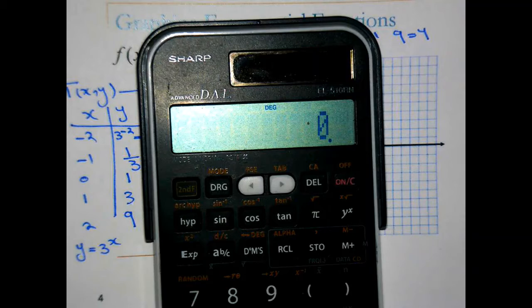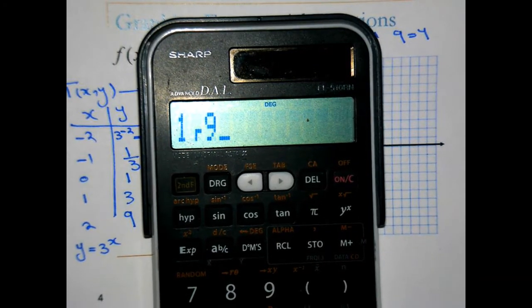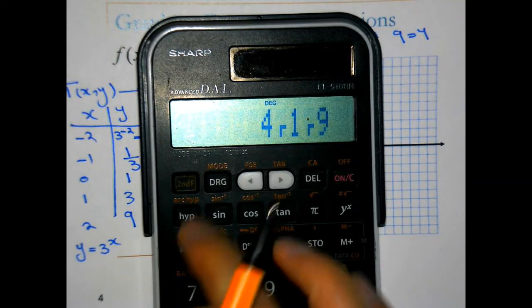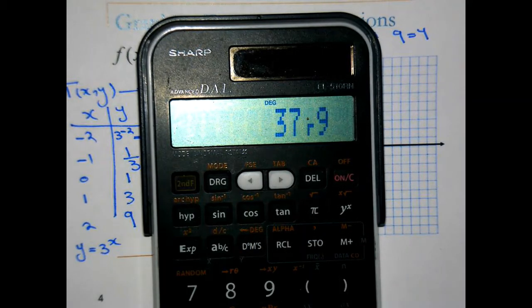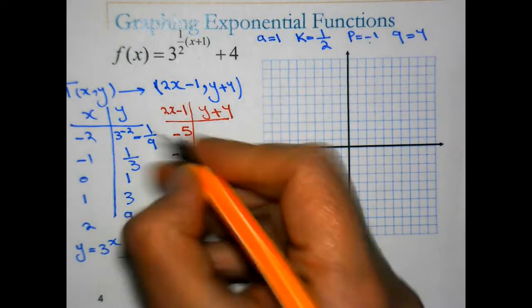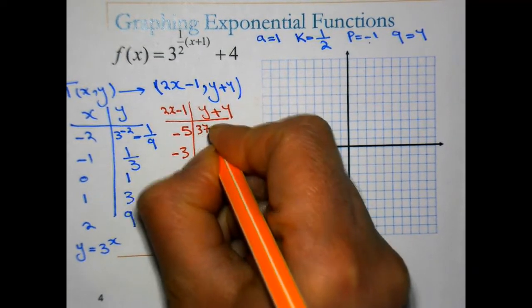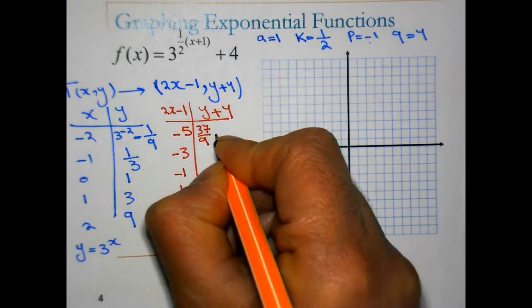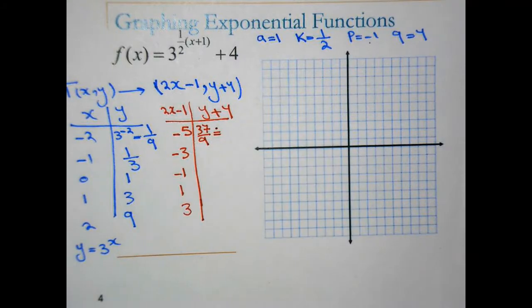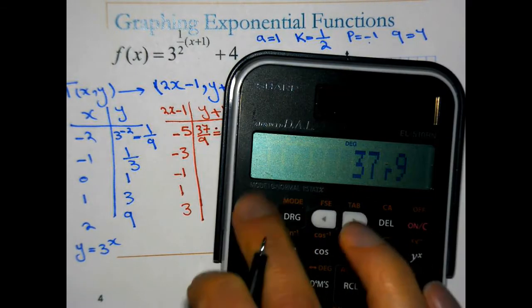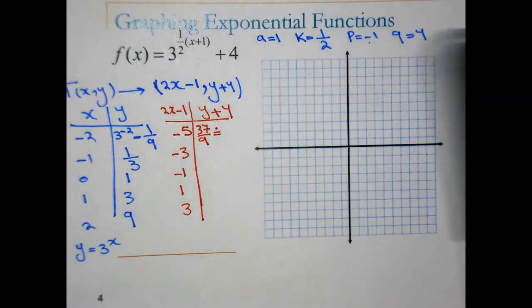As I said before, it's easier if you use your fraction calculator. 37/9, which is approximately 4.1.